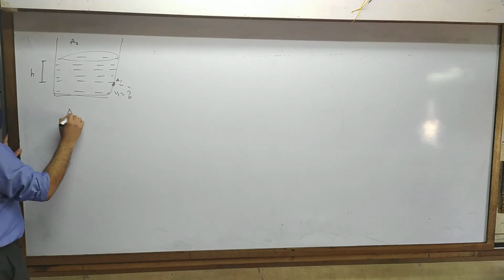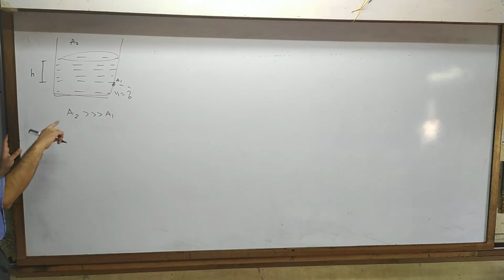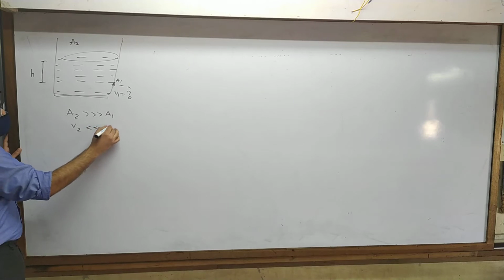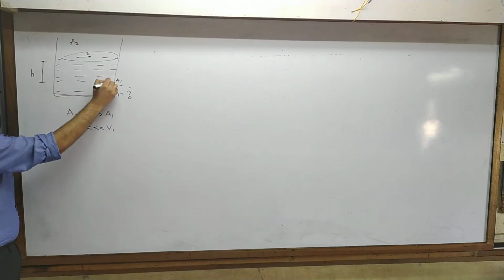So we have already figured out that A2 is much greater than A1. And by the equation of continuity, we will have V2 much smaller than V1. Correct? And then we will use Bernoulli's theorem between the points 2 and 1.